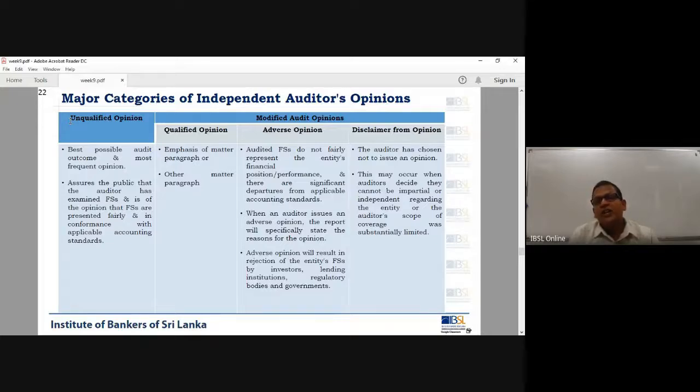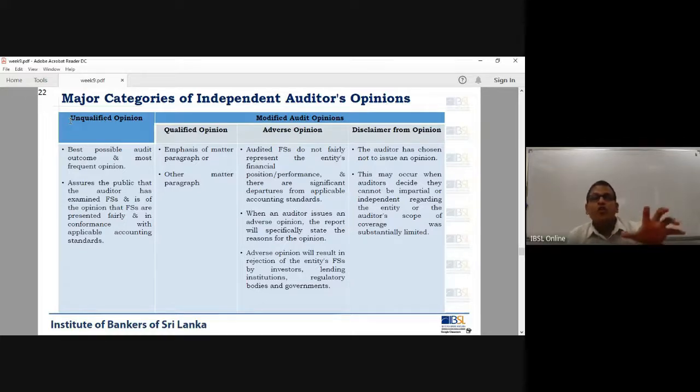Of course, there are three types of modified audit opinions. One is the qualified opinion, another is the adverse opinion, and the other is the disclaimer of opinion. The qualified opinion involves an emphasis of matter paragraph or other matter paragraphs.